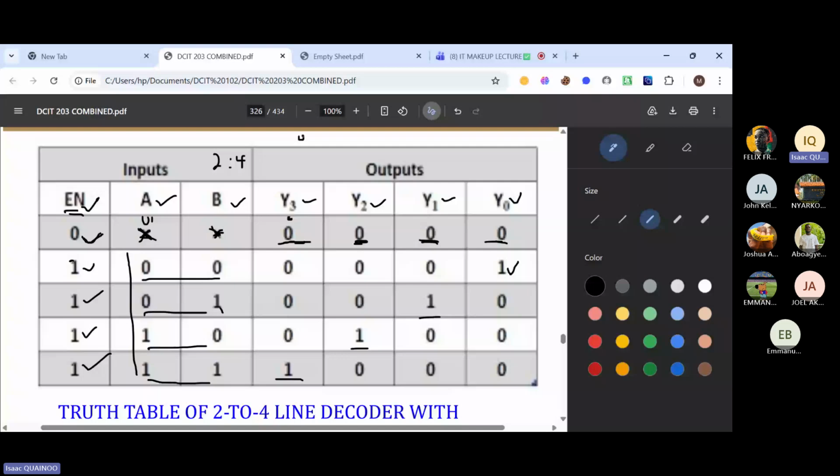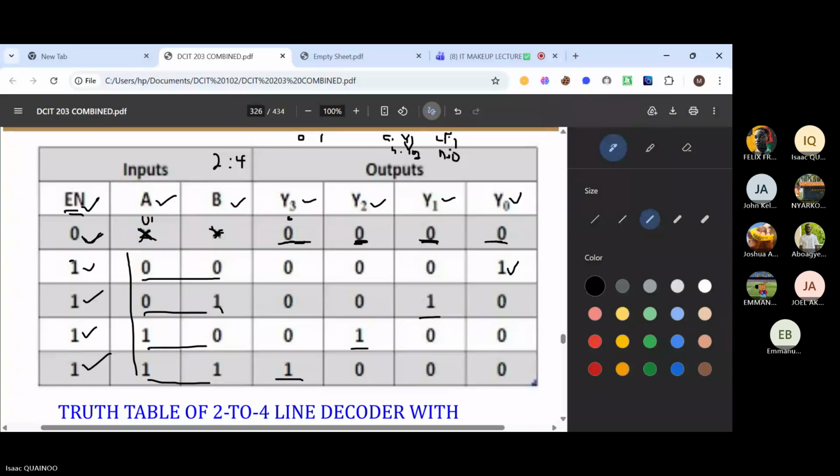What will be the output of that decoder? And then they'll give you A, let's say Y1, B, Y0, C, let's say B, Y2, C, Y3, and D, let's say they give you something like 0.